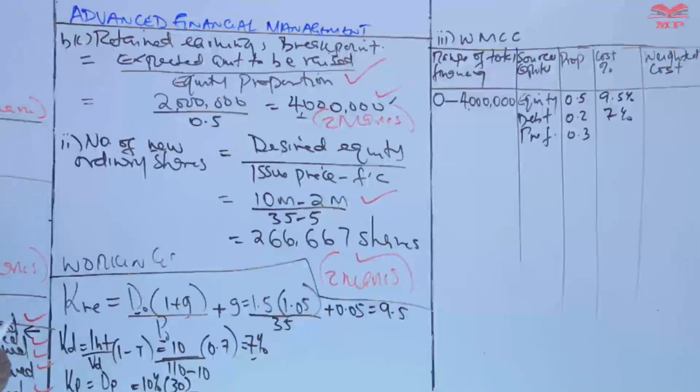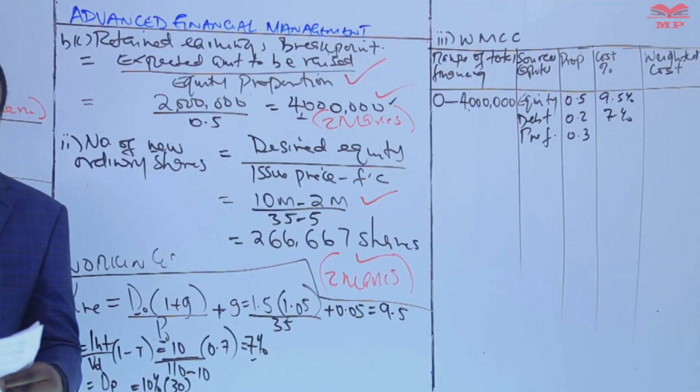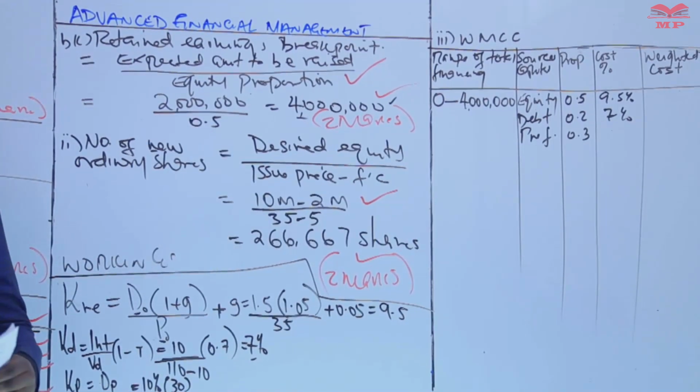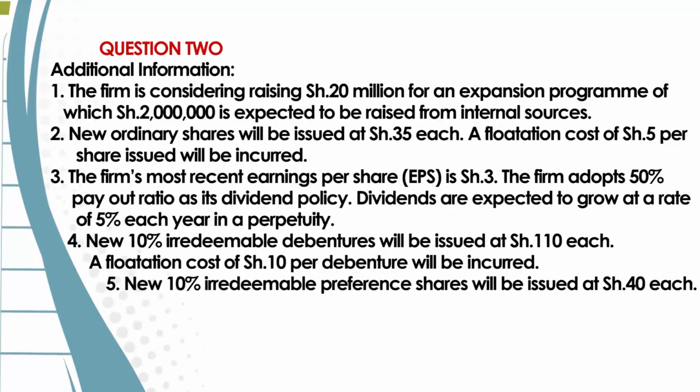The question says new 10% irredeemable preference shares will be issued at 40.